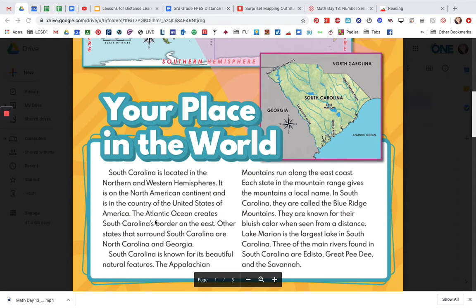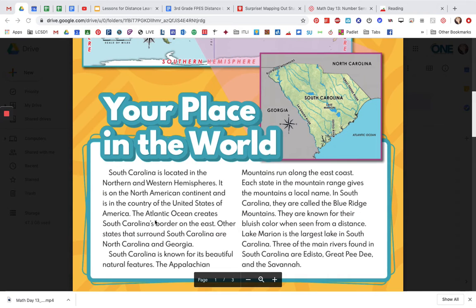Number 3, what part of the state do the Blue Ridge Mountains belong to? Number 4, what are the 3 main rivers found in South Carolina?